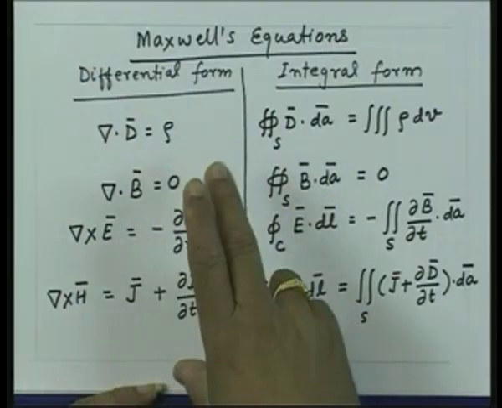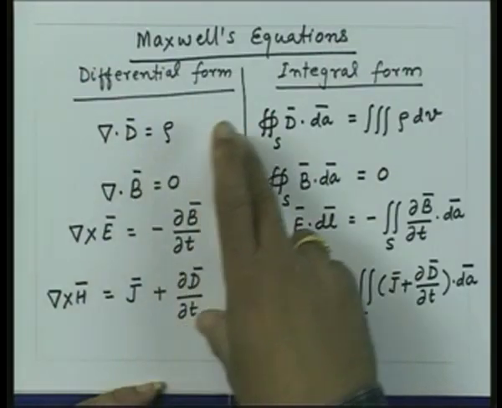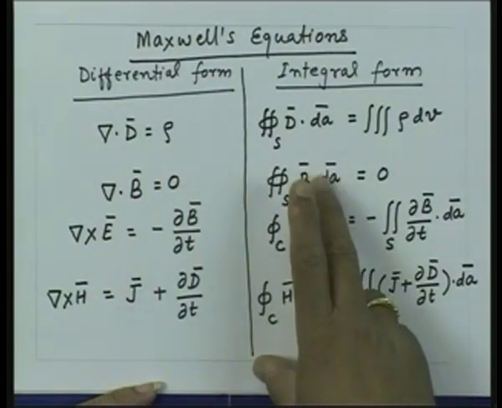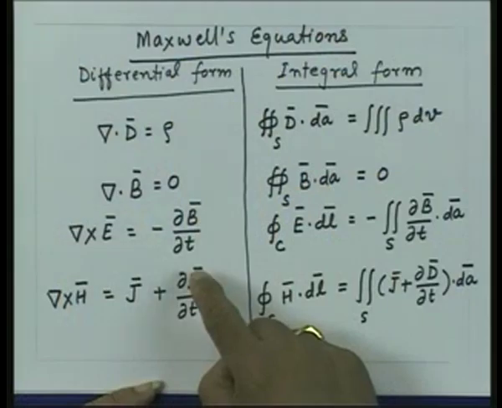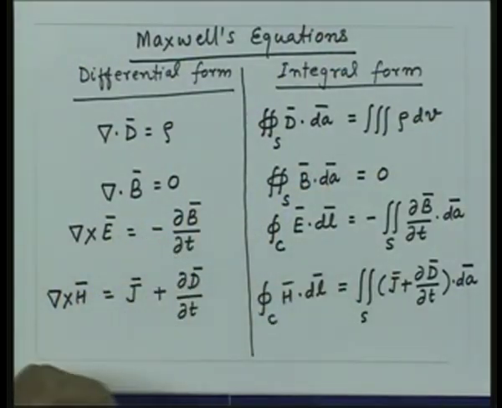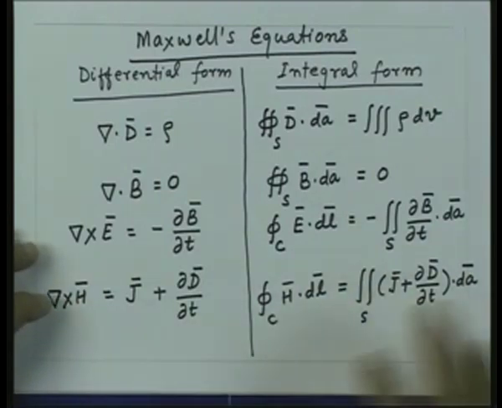The static fields you would have studied in the earlier course, which is on electromagnetic fields. So, here we assume that all the fields and all the quantities which we are dealing with are time varying in general. The quantity rho, the quantity B, D, J, H, all these quantities are essentially time varying quantities. So, we will look for the solution of these equations later for the time varying fields.